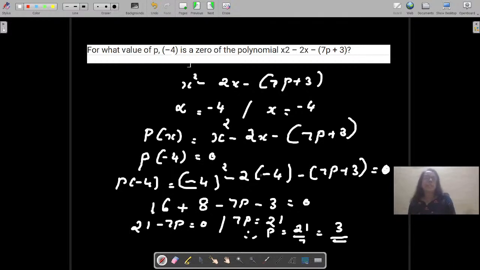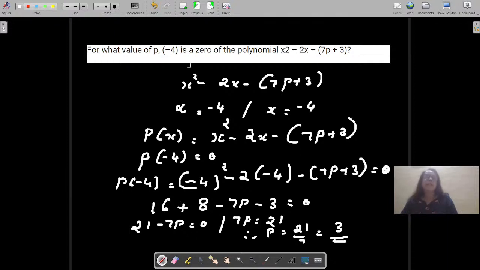Alpha and beta 2 zeros are there, but 1 alpha only we are given. Instead of this x, you have to substitute this minus 4. P of minus 4 is equal to 0. When you are substituting minus 4, you will get the answer as 0. Now evaluate this p, then we will get p as 3. Okay. Then shall we go to the next question?